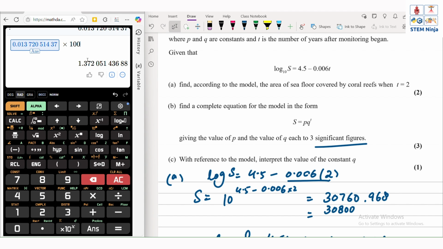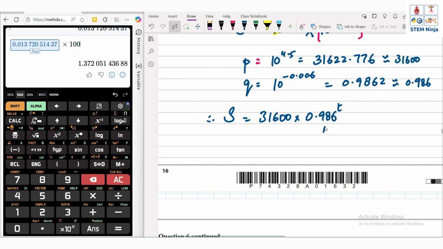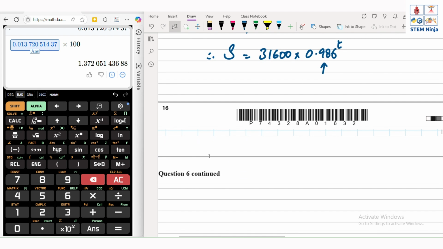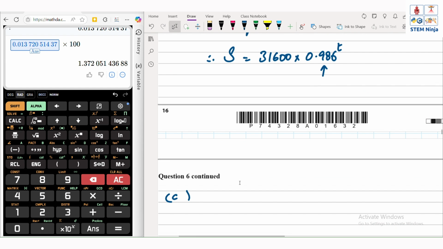So every year, there is a decrease in the area of coral reefs by 1.372%. So that's what it's telling us. So this is sort of like a multiplier, percentage change.